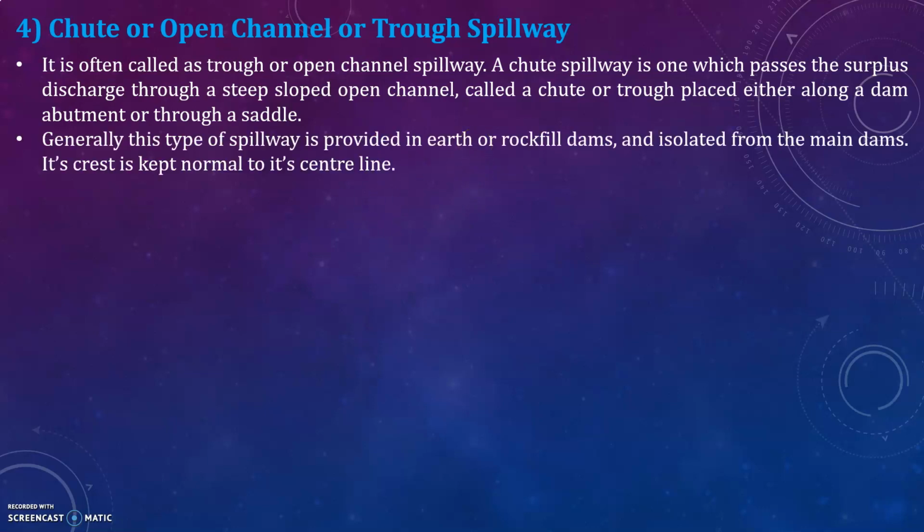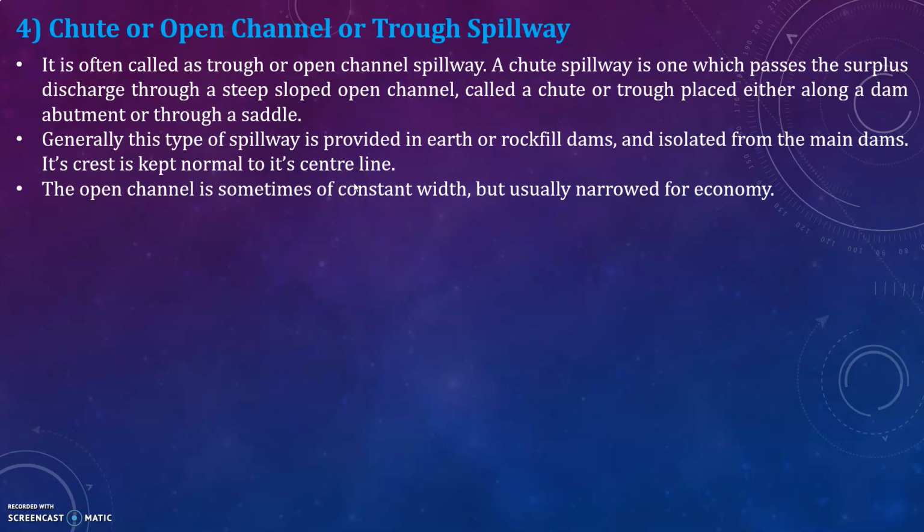Generally, this type of spillway is provided in earth or rock-filled dams and isolated from the main dam. Its crest is kept normal to its central line. The open channel is sometimes of constant width but usually narrowed for economy.